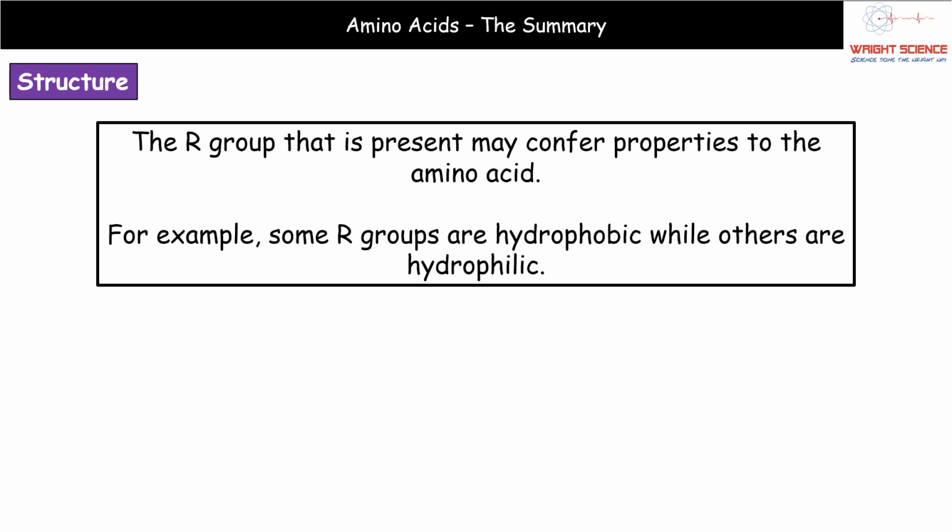If they're hydrophilic, then they're going to turn outwards towards that watery environment. So what we find is, depending on what that R group is made from, that's going to be very important when we come on to see how these amino acids then form that final protein structure.